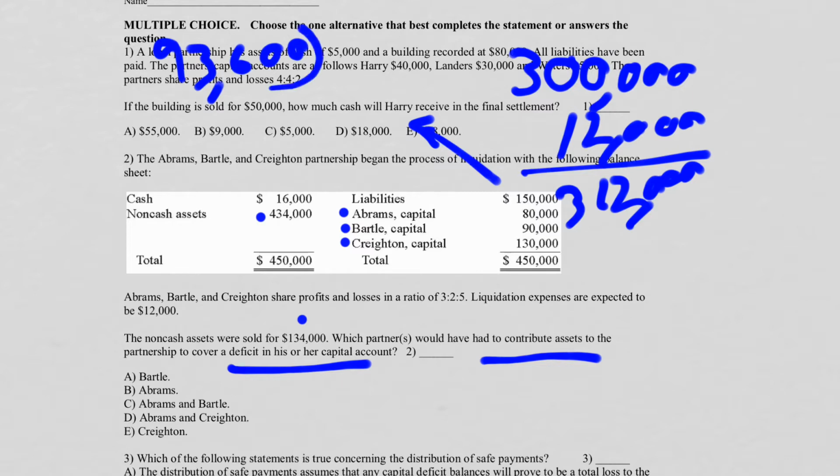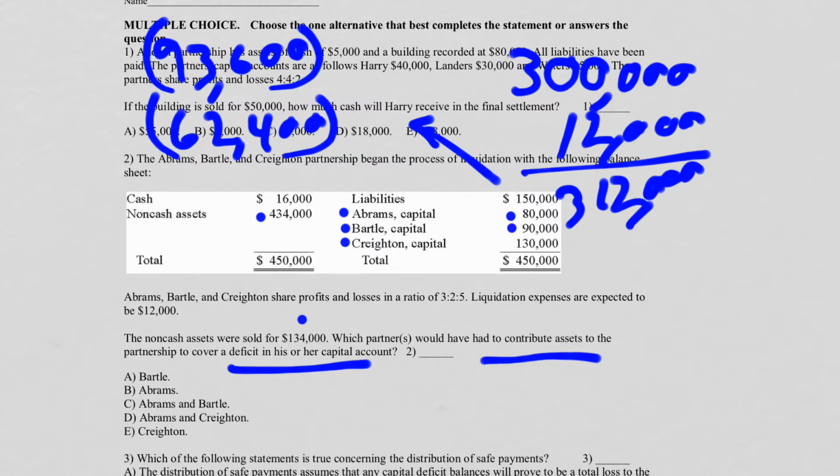That's the loss allocated to Abrams, and he's going to wind up with a deficit account because he doesn't have that much in there. Bartel will get, of the 312 loss, 20%, which is 62,400, and he can absorb that because he's still got 90 in his capital account.